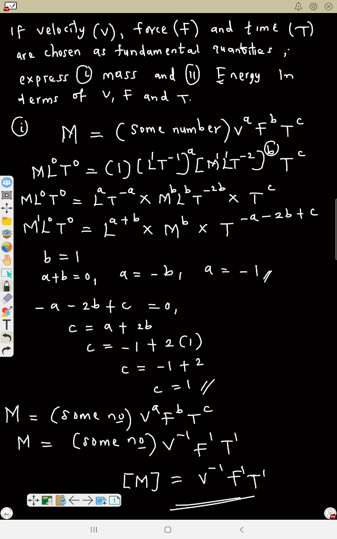The same way we did for mass, we can also do it for energy. As we say, m is equal to some number, so I'm going to say E, energy, is equal to some number.